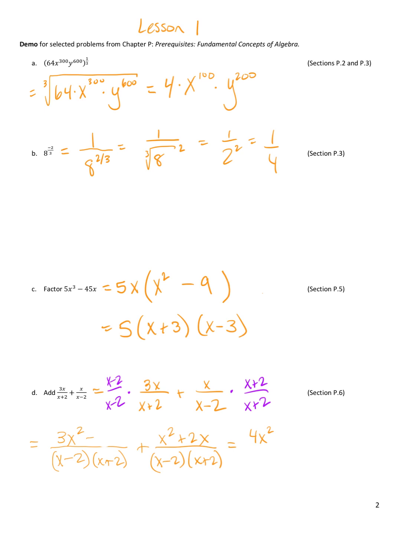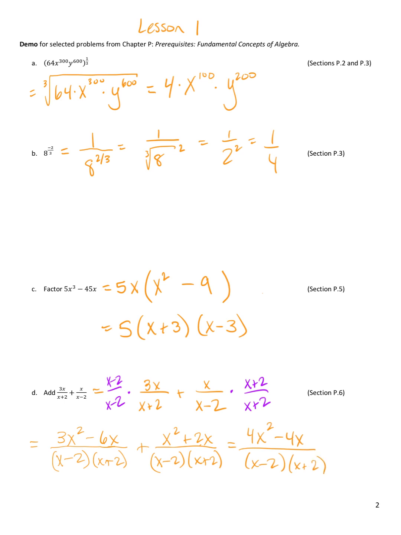Let's fix that. So 3x squared minus 6x. And this one is still x squared plus 2x. And now I combine like terms and I have 4x squared minus 4x over x minus 2, x plus 2.